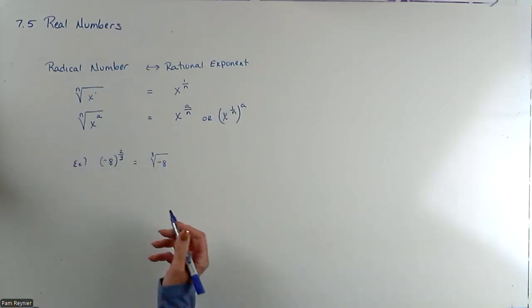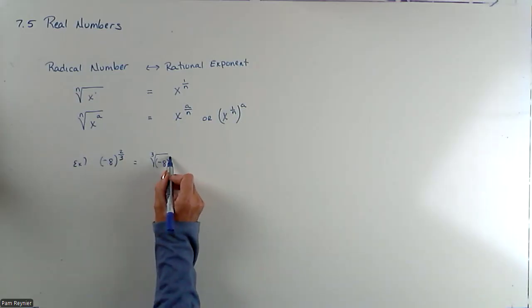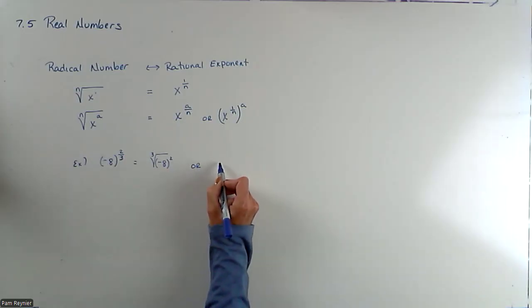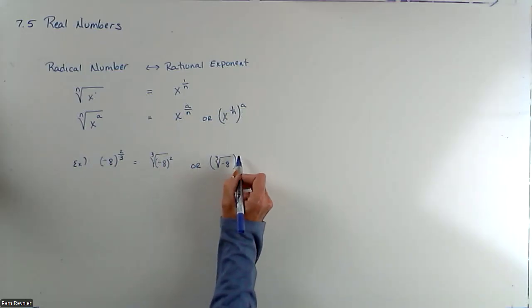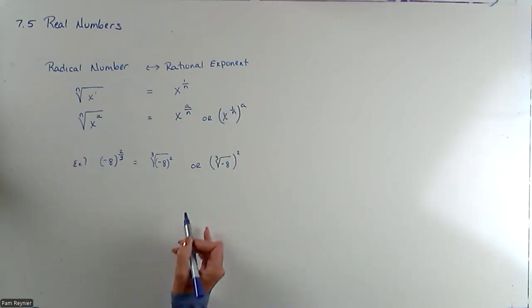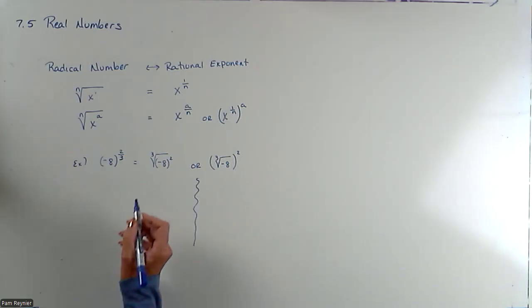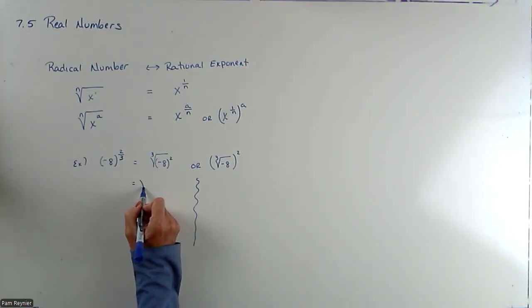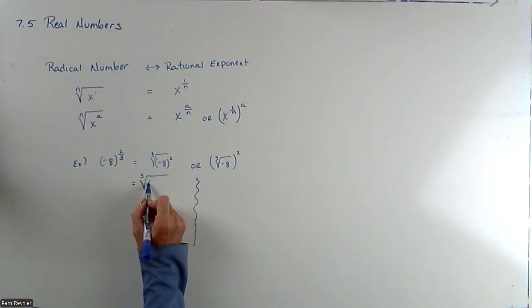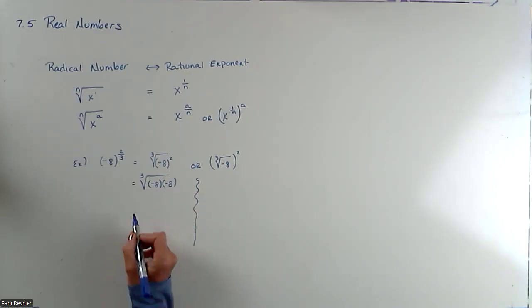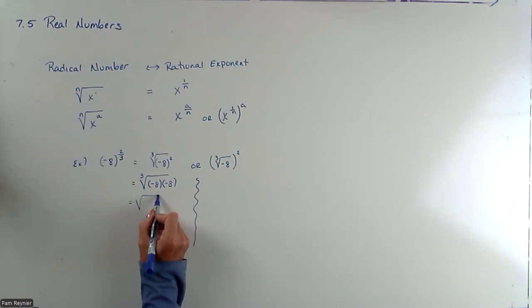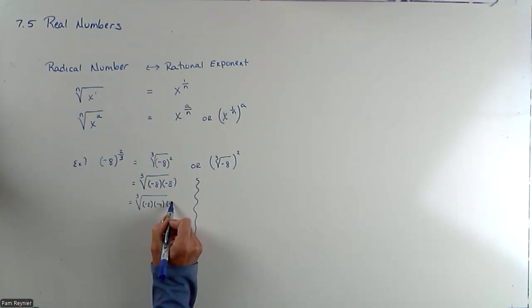You could either say -8 squared, or you could say the cubed root of -8 and then square it. Well, if it's a negative, we're allowed to have a negative. So this could be the cubed root of -8 times -8. So 8 is 2 times 4. So I'm going to say -2 times -4.